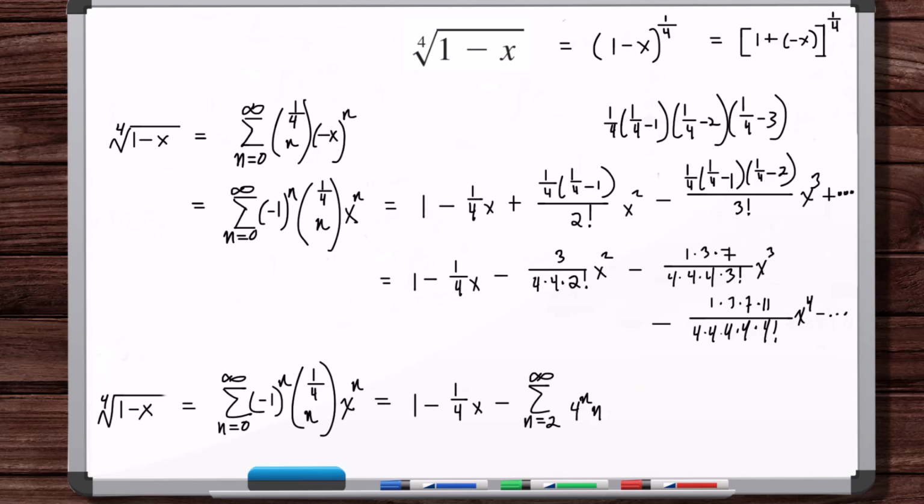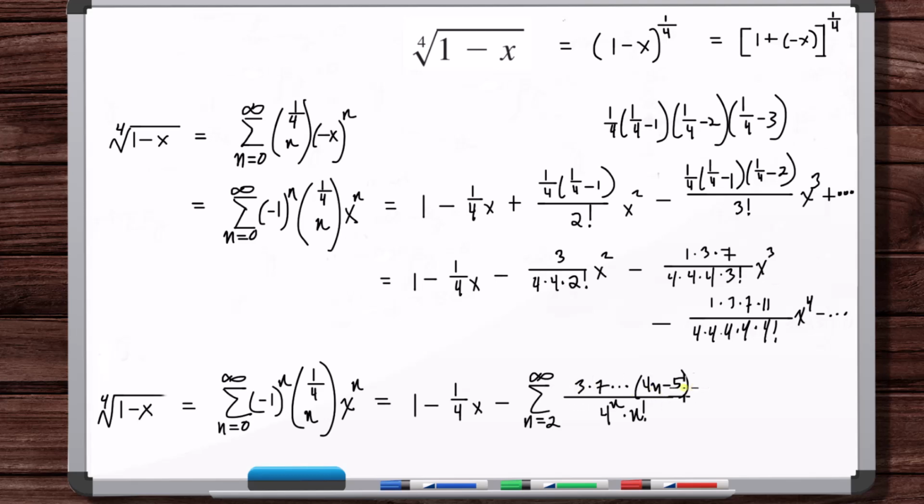And then actually, let's do the numerator first. 3 times 7 times 4n minus 5. And then we'll have 4 to the n. Okay, so you see how this works? You start at 3 and you go all the way up to the 4 times n minus 5 term. So at n is equal to 2, 4 times 2 is 8, minus 5 is 3.